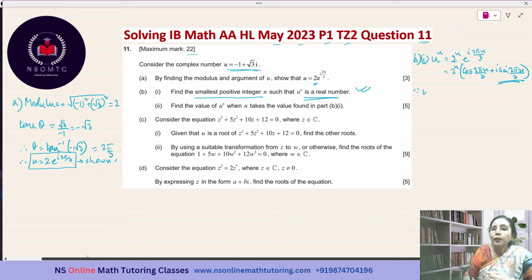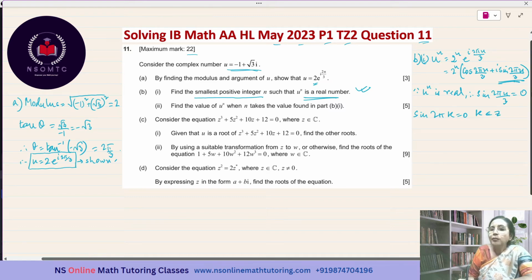Since u to the power of n is real, therefore sine 2 pi n over 3 should be equal to 0. And we know that sine 2 pi k equals 0, where k belongs to any integer.